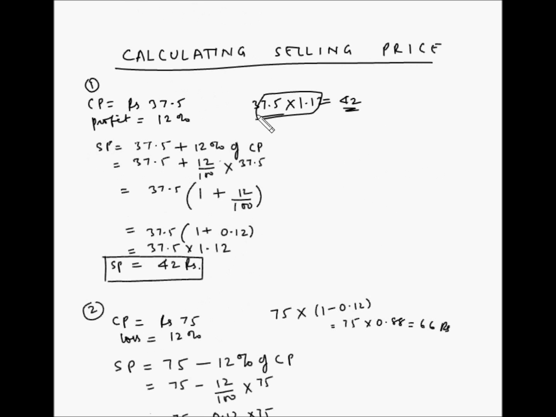So if you note here, we multiplied the cost price with 1 plus 0.12, because here we were getting a profit, whereas in the second example we are multiplying cost price with 1 minus the loss percentage, because we are incurring a loss here.